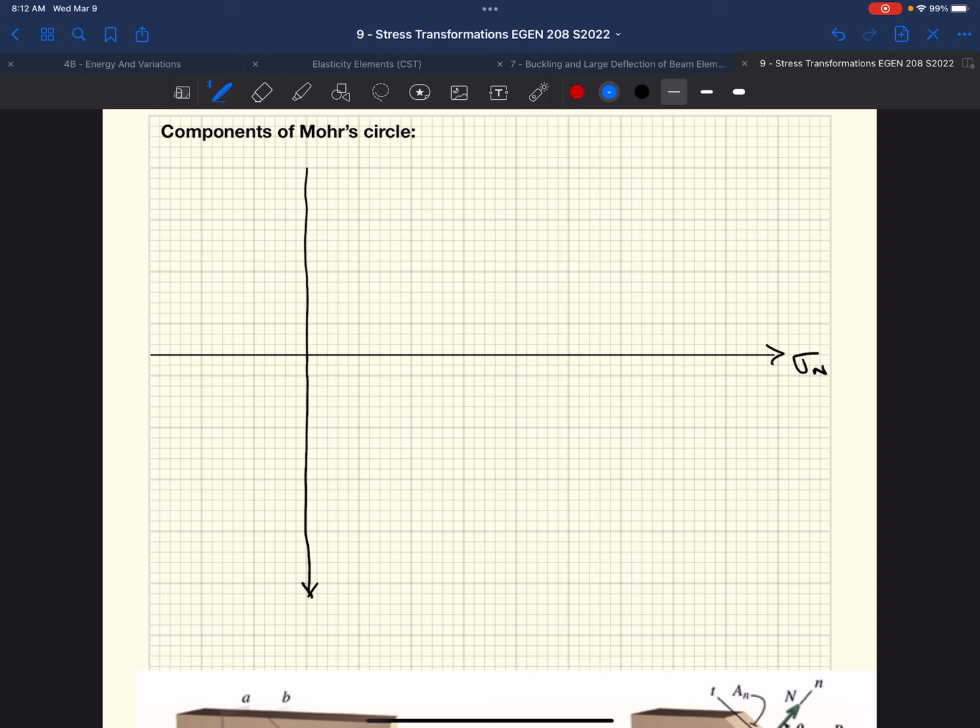So anything we plot on this side, we have a tension normal stress. Anything on the left-hand side is negative, and negative means compression. So that's on either side of our y-axis. What do you think we're going to plot on our y-axis? Shear stress. It's positive shear stress downward, as I said.